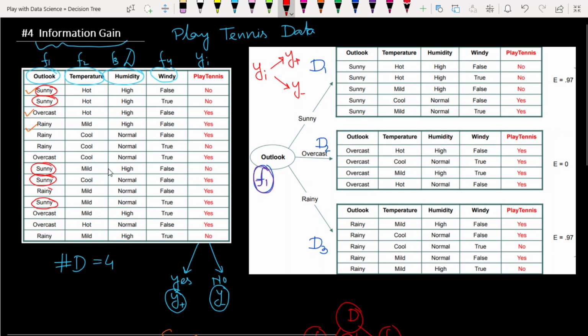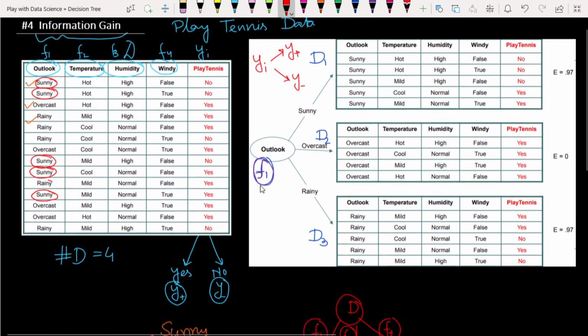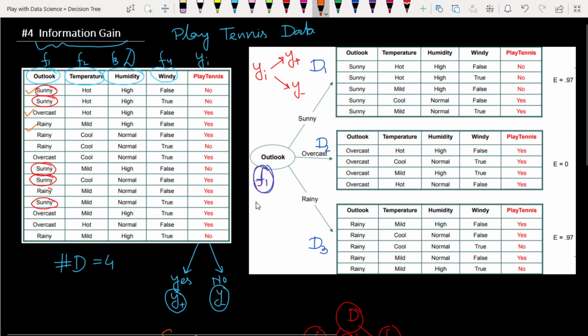Already we have seen what the entropy is for this data set. In the previous lecture we saw the entropy of the whole data set D, for the output variable y, is H of D equals 0.94.